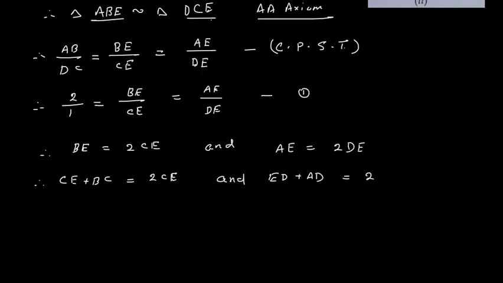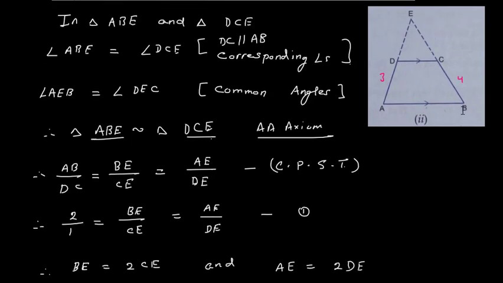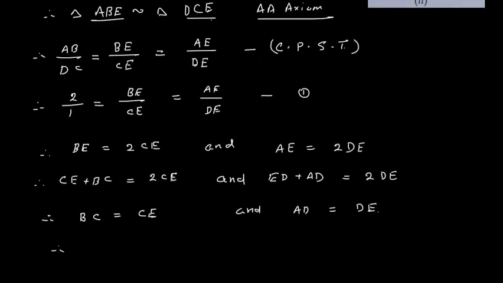So therefore moving CE to that side, I will get BC equals CE, and here I will get AD equals DE. Now BC is given, BC is 4, so 4 is equal to CE, and AD is given 3, so 3 is equal to DE.